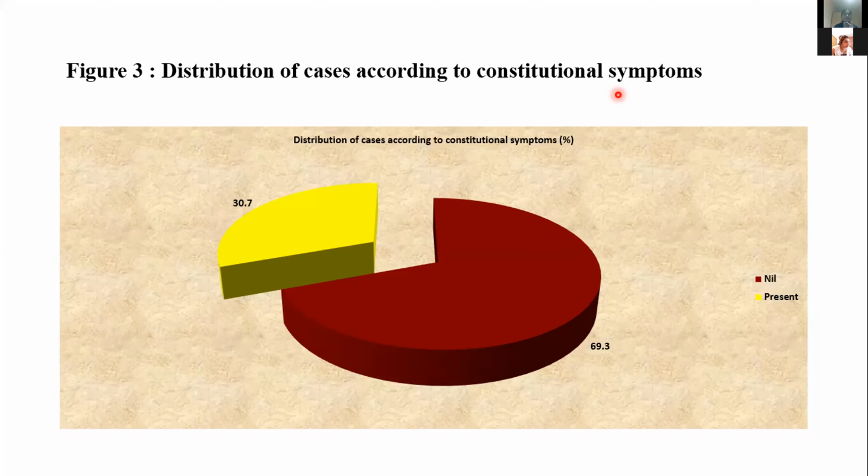But if the symptoms are not there, patients are not able to understand that they have a disease for which they need treatment. So we should consider that if a patient does not have the typical constitutional symptoms of tuberculosis, it doesn't mean the lymphadenitis cannot be due to tuberculosis. It can be, because tuberculosis can present without these constitutional symptoms.